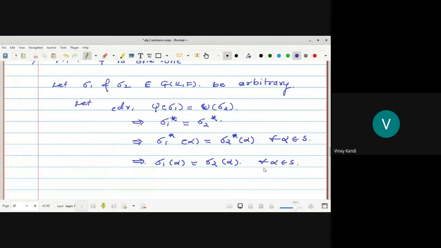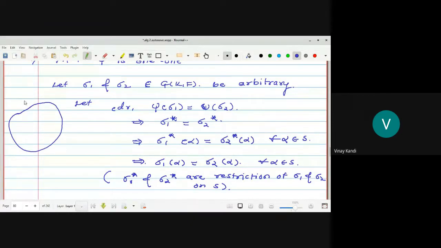Sigma 1 star and sigma 2 star are the restrictions of sigma 1 and sigma 2 on this set S. But we have to show that sigma 1 is equal to sigma 2 on the whole field K. This is the field K, this is F, and this one is S. Here we showed that sigma 1 and sigma 2 are equal on this set, but we have to show it on the whole field K. But what is K?